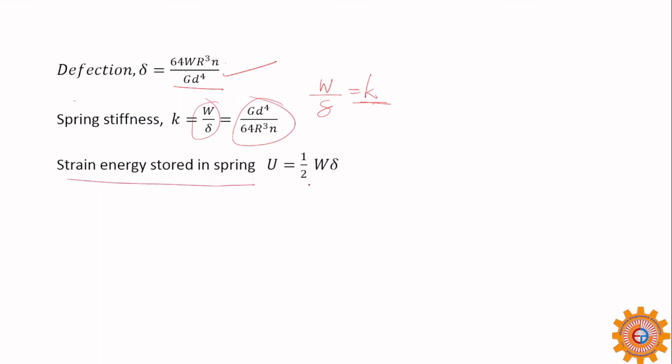And the strain energy basic equation is load into deflection. So you can substitute delta, that is this equation, and you can get the strain energy. What is the strain energy stored in the spring when it is subjected to axial load?